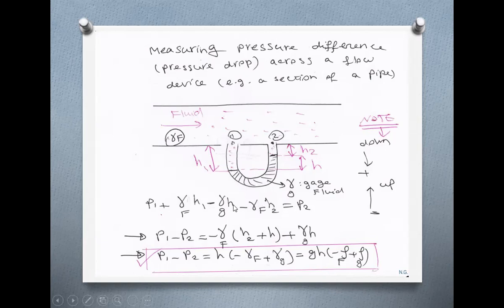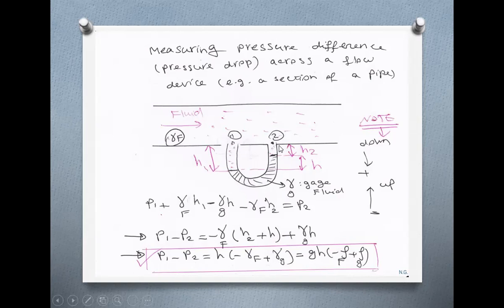And then here is the other term, H times gamma of the gauge fluid with the plus sign, and you take it to the other side. You can factor out H, so it's going to be H on the other side, gamma of the gauge fluid minus gamma of the fluid. That's how you calculate P1 minus P2.